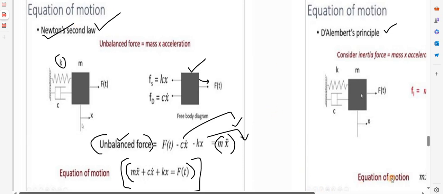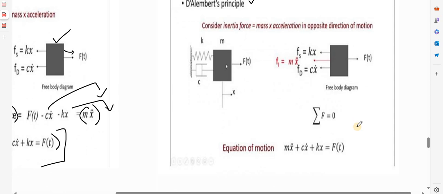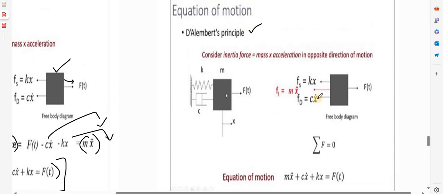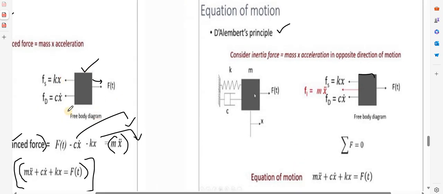Now let us look at how we obtain it using D'Alembert's principle. In D'Alembert's principle, first of all I draw a figure similar to this, the free body diagram. According to D'Alembert's principle, this body is tending to move towards the right direction. But when a force is trying to move the body in one direction, another force will be acting in the opposite direction.